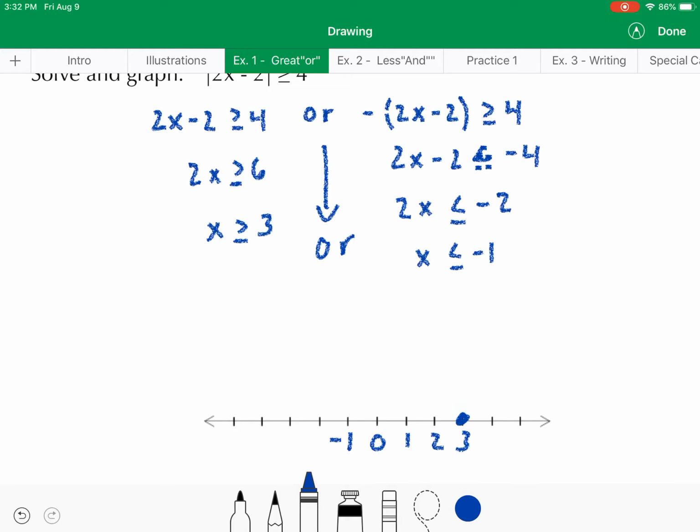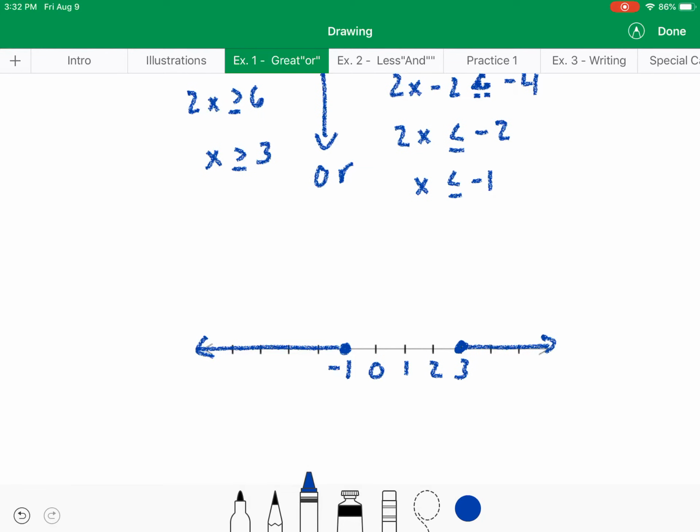X is greater than or equal to 3, or x is less than or equal to -1. There you go. And I would write my solution all together as one statement.